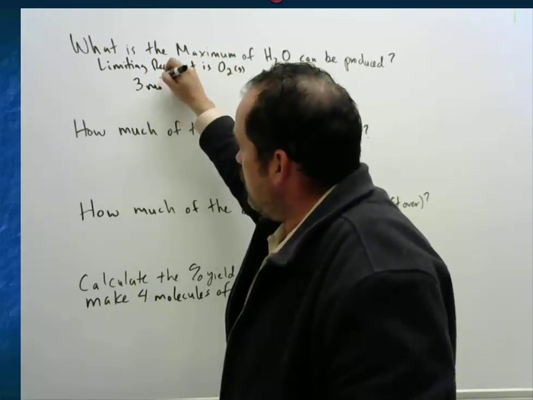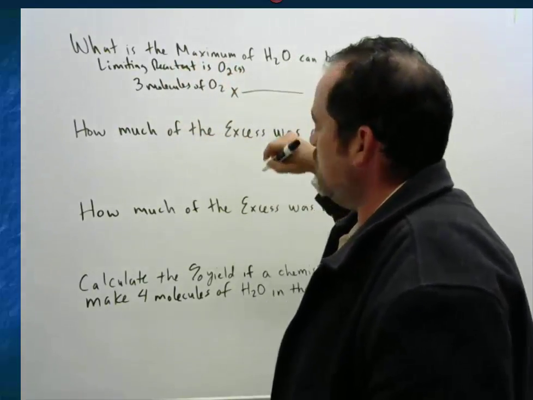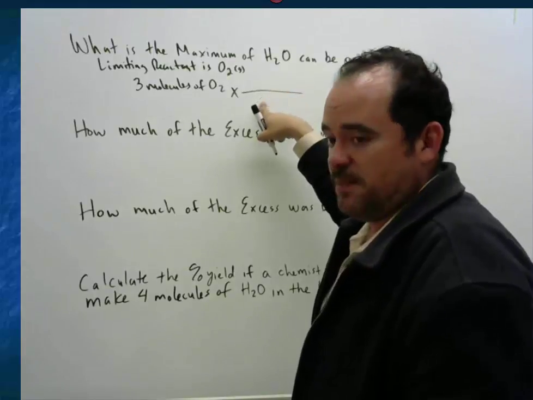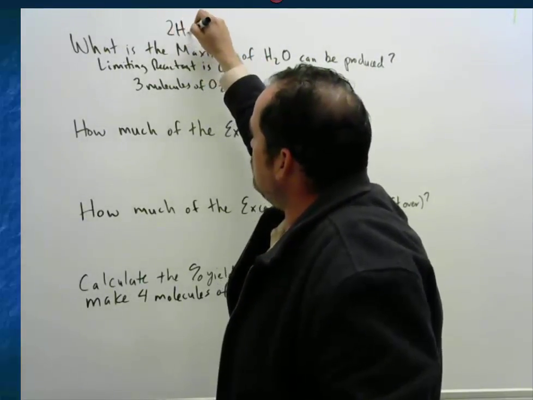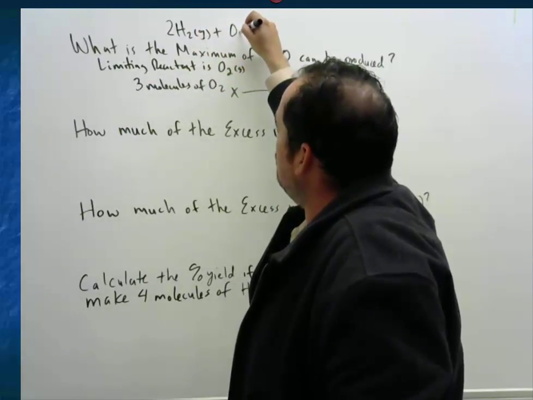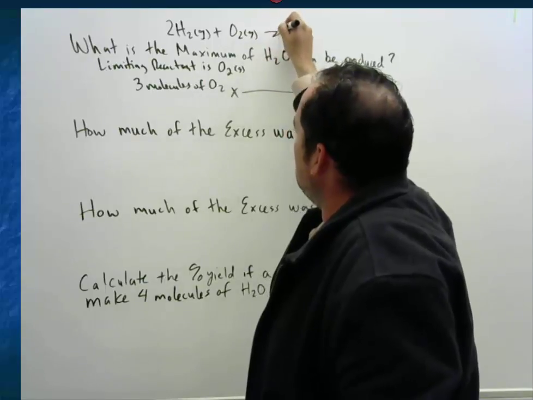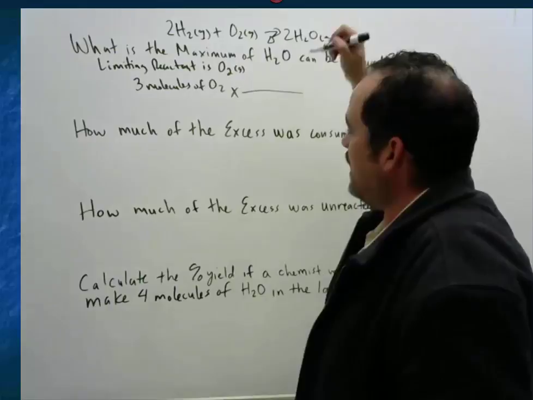Well, it was 3 molecules of O2 gas times, here we go, the stoichiometric coefficient from the balanced chemical reaction, which I'll just write up here again. So it was 2H2 gas plus 1 molecule of O2 gas. Then when you heat this up, you make 2 water molecules, gas.